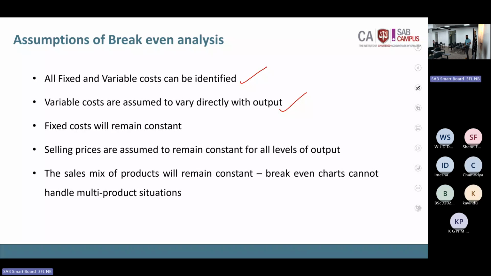That is why we put the assumption saying that variable cost is assumed to vary directly with the output.